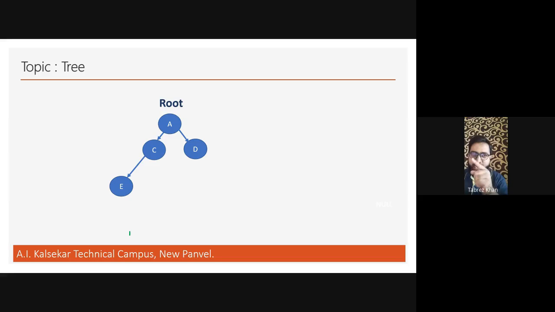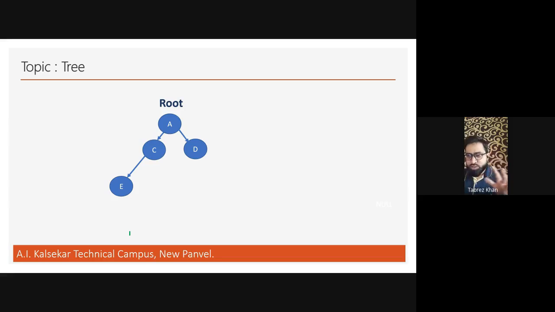So A has got two children, C and D. Then C has got one child, which is E. So this tree has got four nodes: A, C, D, and E so far. And my A is a root node.